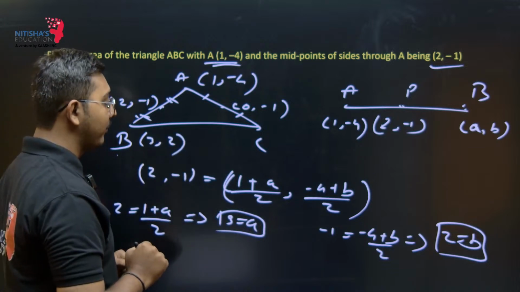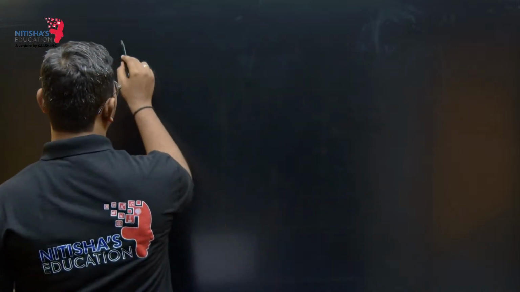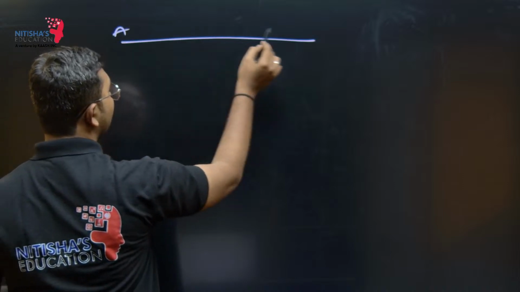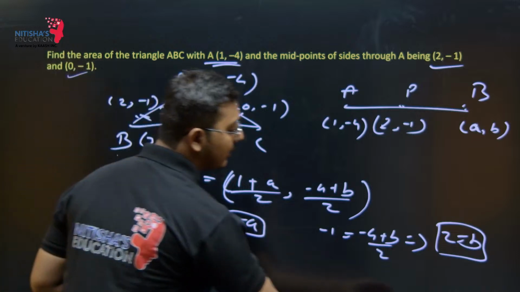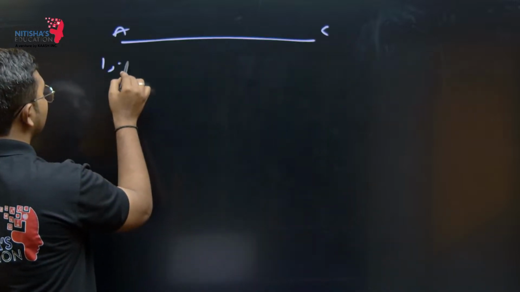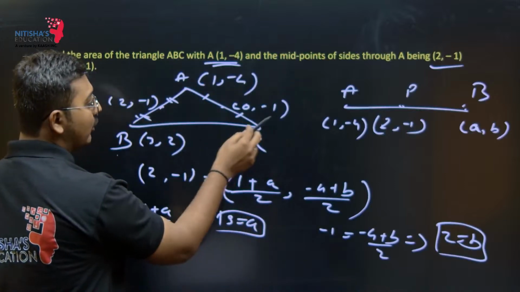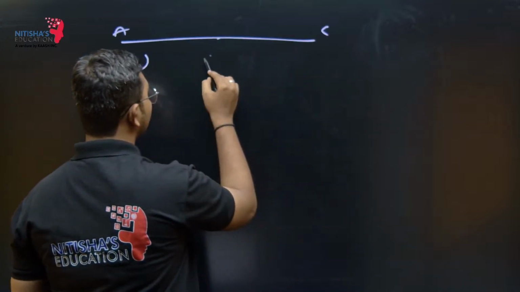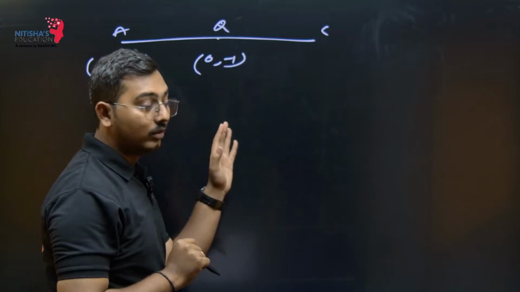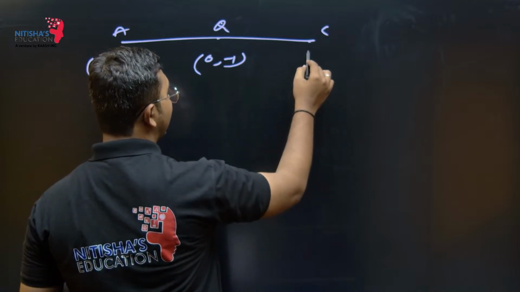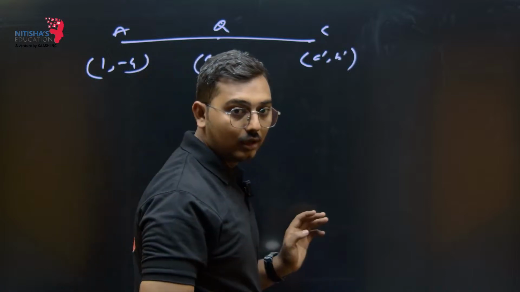Same goes for C. How will we solve this C? Now again, A, C. A is given to us, which is 1 comma minus 4. This midpoint is provided to us, which is 0 comma minus 1. And let us say it is Q. And what is C? C, let us say, is A dash and B dash. Okay.